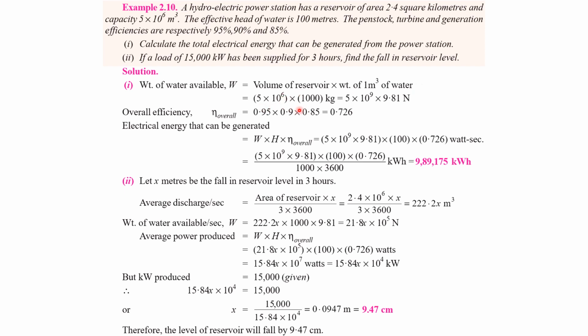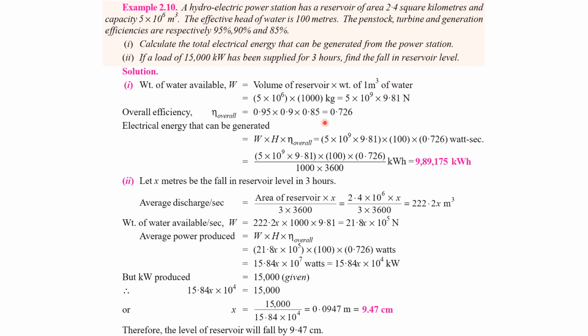If you multiply these two, you get the total mass of the water, and if you want the weight, you multiply this mass, which comes out to be 500 times power 9, by 9.8, the gravitational acceleration, and you get the weight in newtons.